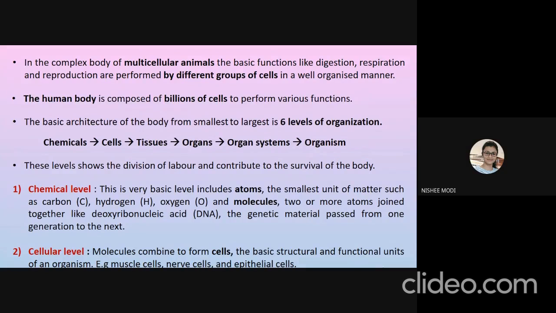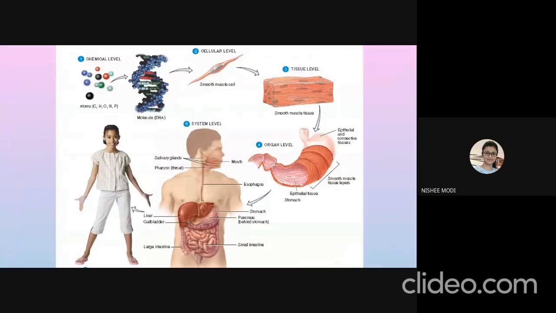The human body is composed of billions of cells to perform various functions. The basic architecture of the body from smallest to largest has six levels of organization. Our human body or animal is comprised of six levels of organization: from simplest chemical, cell, tissue, then organs, then organ system, and finally organism.